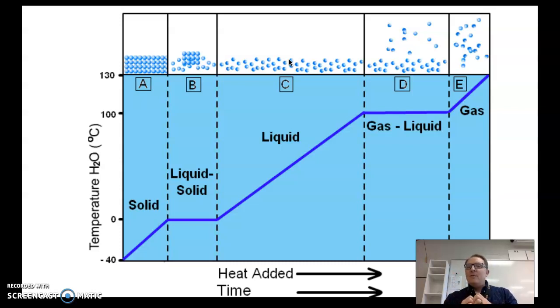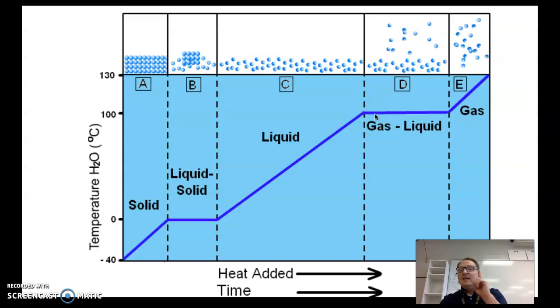But if we get it hot enough, what happens is that liquid starts to turn into a gas. And those molecules now move even further apart, and they move even faster, and they have a huge range of motion. And during this time, we have a liquid that's turning into a gas, okay? Could be considered evaporation or vaporization because we're putting so much thermal energy into this phase change.